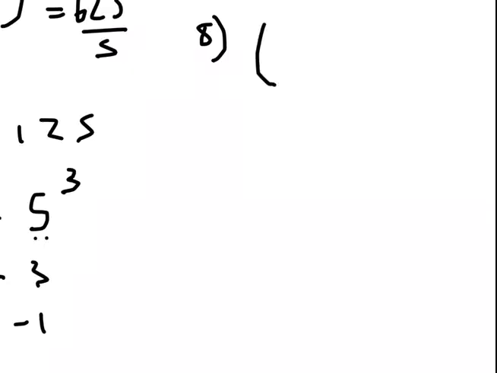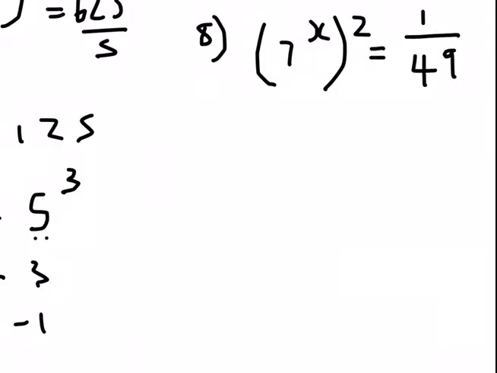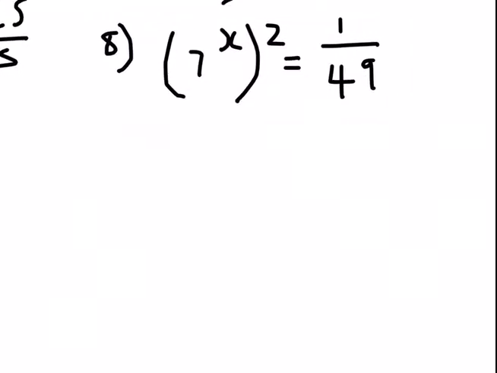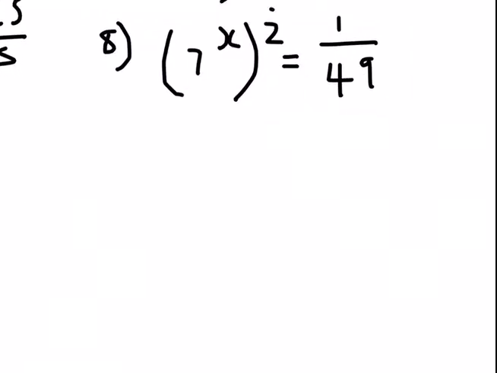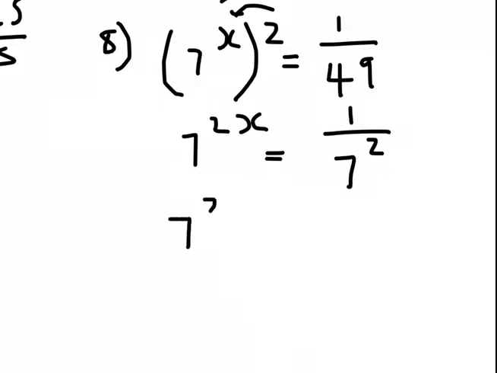Let's see. Okay, let's say you are given 7 to the exponent of x squared, and this is equal to 1 over 49. Okay, it shouldn't be complicated because I know that 2 has to multiply that x, then I have 7 to the exponent of 2x, which should be equal to 1 over 49, and 49 is 7 squared, that I know. So again, I will still do the same way.